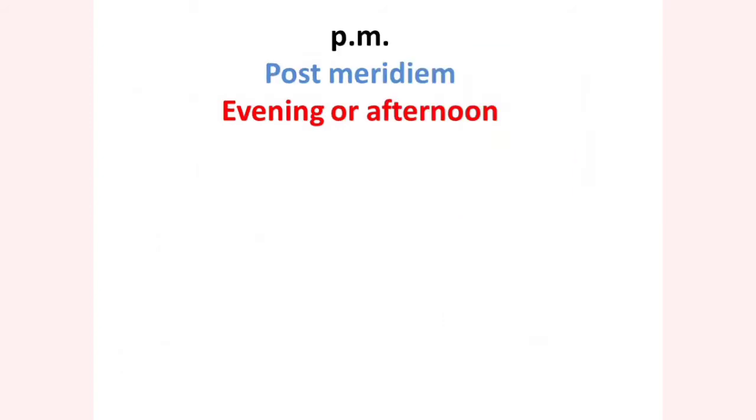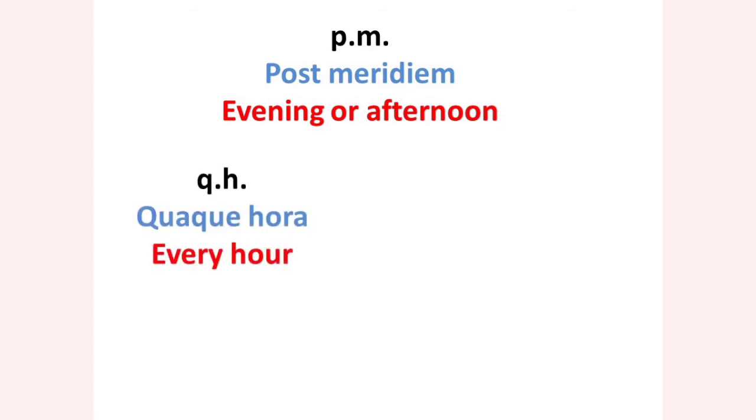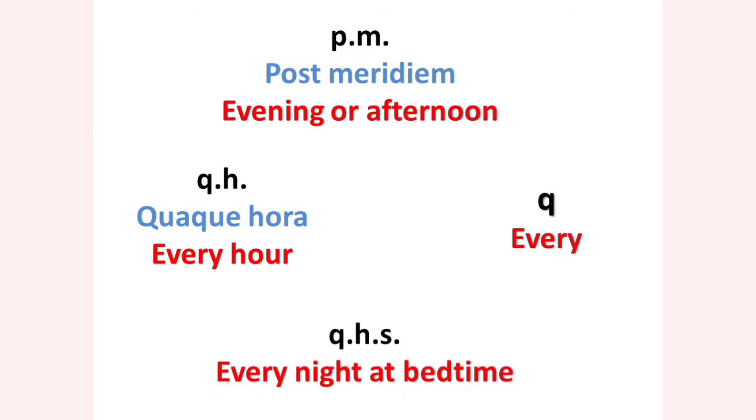Another is PM. PM means post meridiem in Latin, which means evening or afternoon in English. Another is QH. QH means quaque hora, meaning every hour, and Q means every. You might have seen Q means every, and QHS means every night at bedtime.